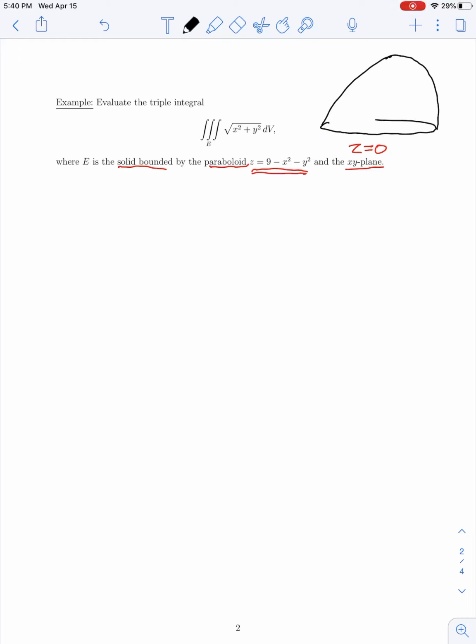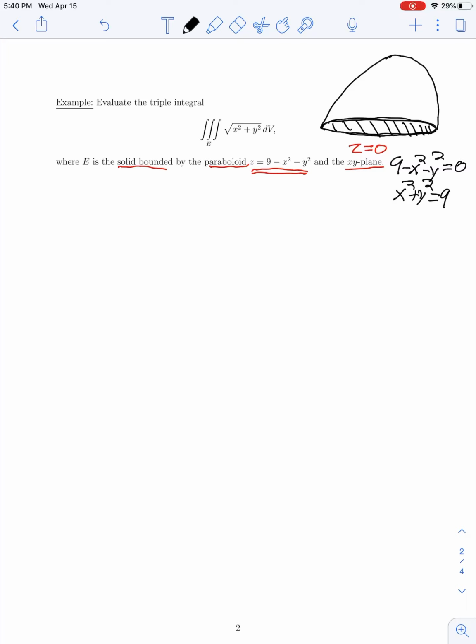And here, their intersection would be a circle, since this is a circular paraboloid. We could also see that by setting these two values for z equal to each other. We would take 9 minus x squared minus y squared, set it to 0, and we find x squared plus y squared would be equal to 9. So this curve of intersection in the xy plane is the circle centered at the origin of radius 3.